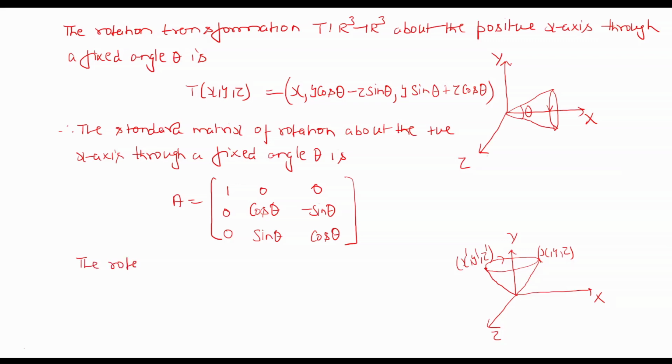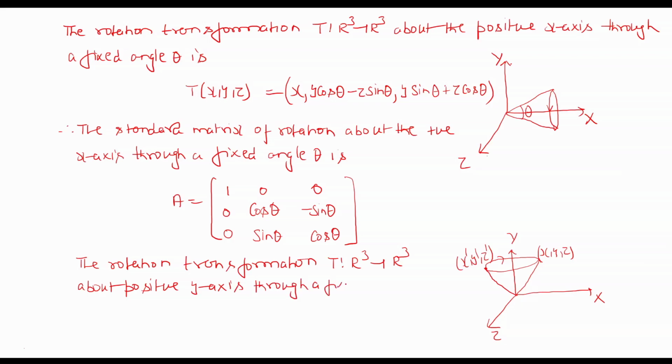The rotation transformation from R cube to R cube about the positive y-axis through a fixed angle theta is T of x, y, z.